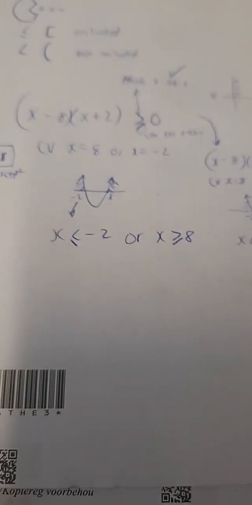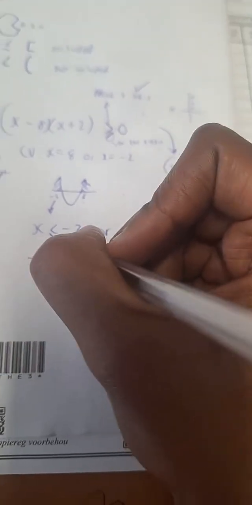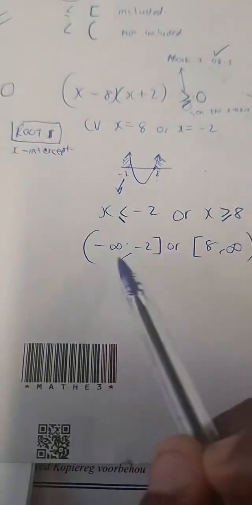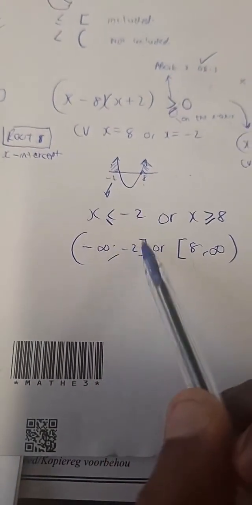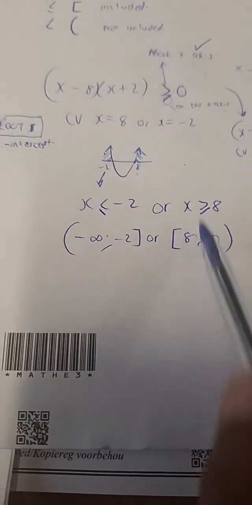No equal sign. Okay? For people who like writing things in interval notation, this is what you would write. x is less than or equal to -2 is the same thing as saying from -infinity to -2, square bracket, or from 8 to what?